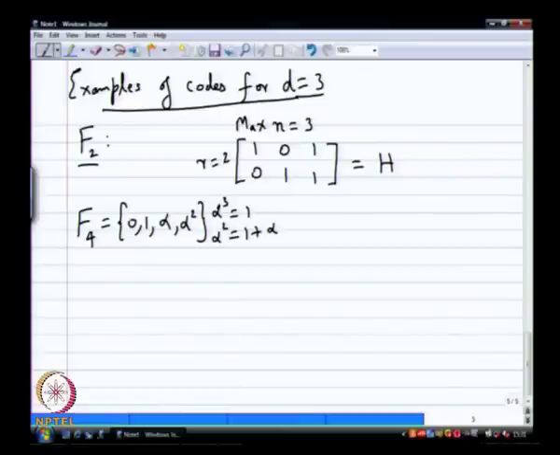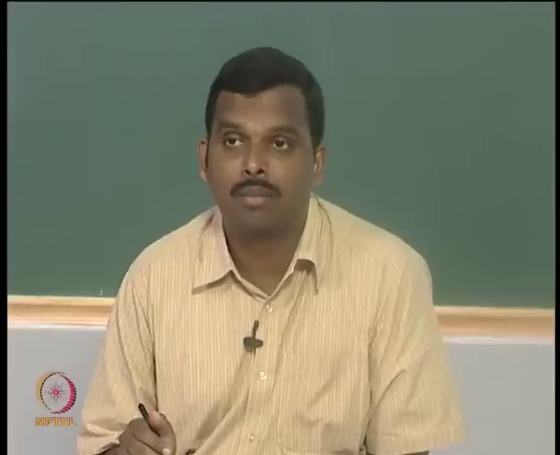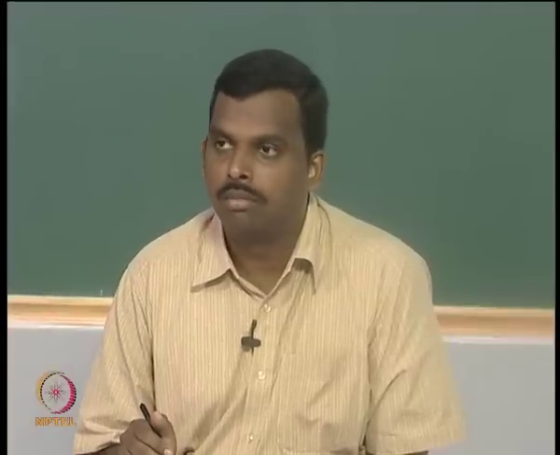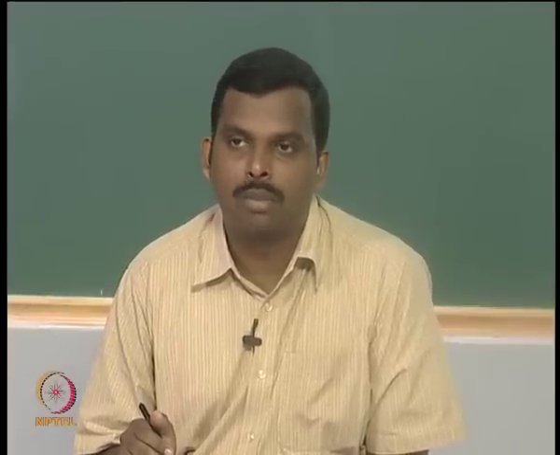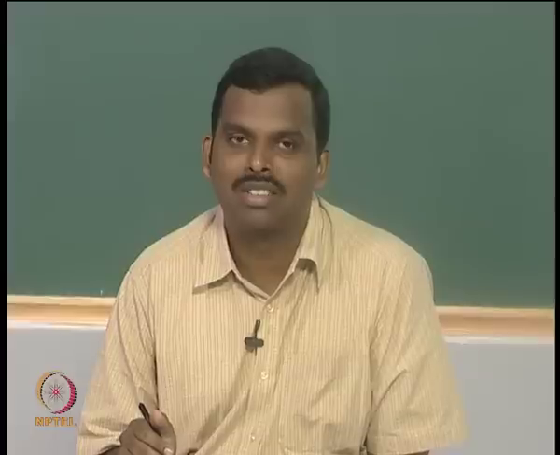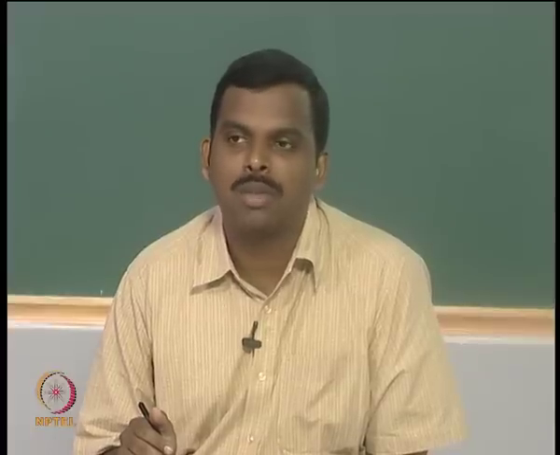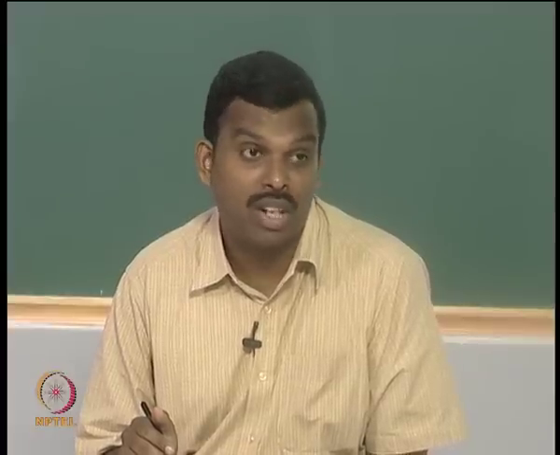We have defined codes over F2, but I did not spend a lot of time defining codes over F4. Let us briefly try to construct a parity check matrix which will satisfy the constraints for D equals 3. Remember what the constraint for D equals 3 is for the parity check matrix? No all-zero column, no identical columns. Is that enough for F4? No two columns must be linearly dependent, so you should rephrase that a little bit.